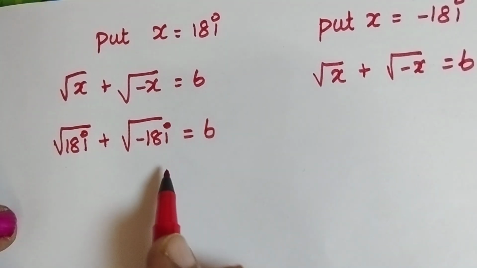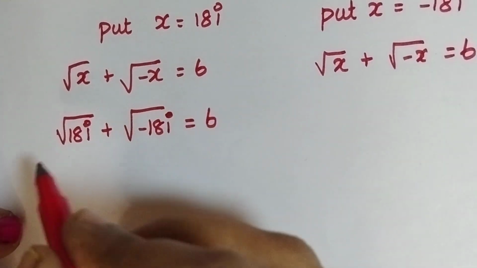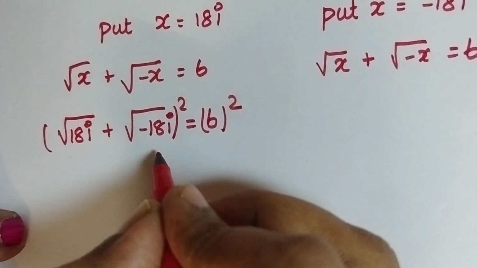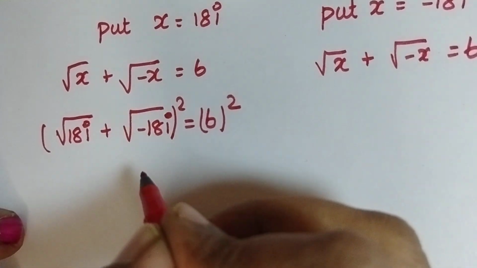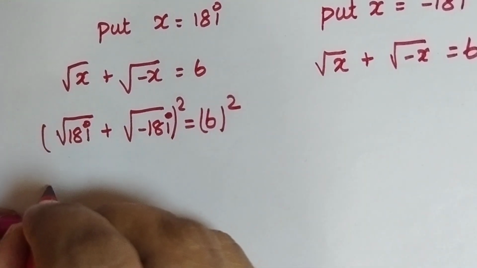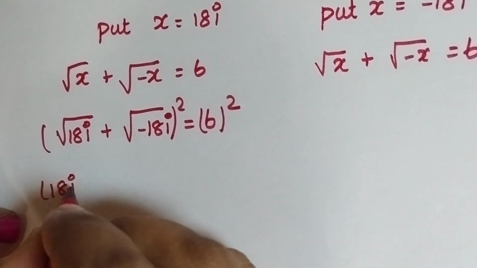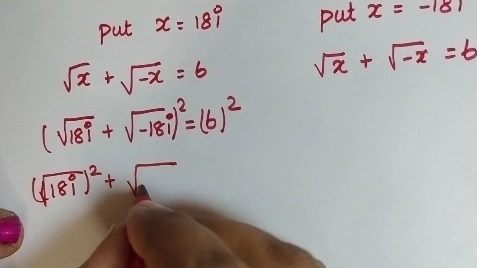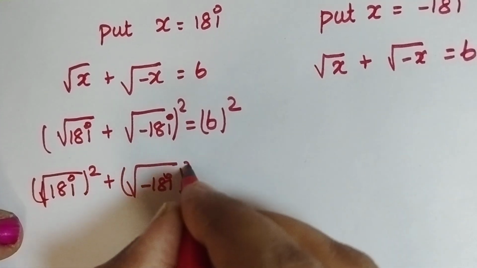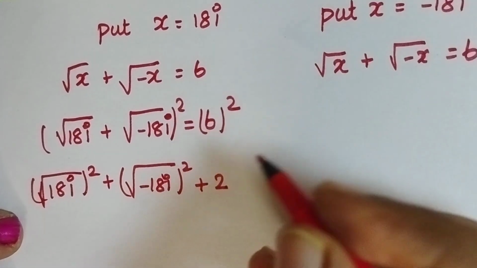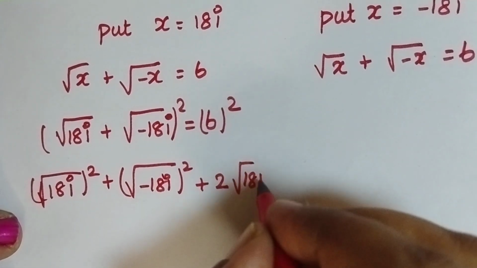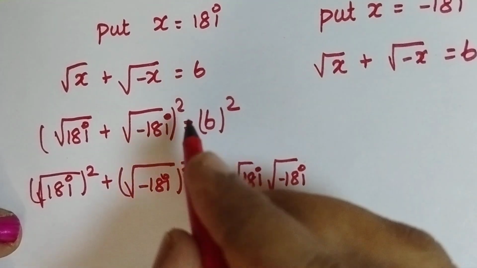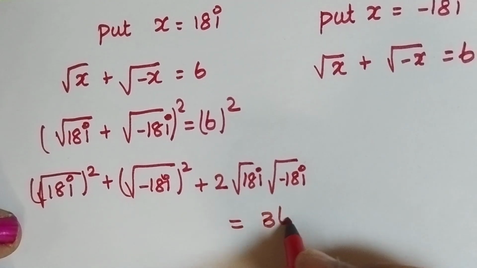So in order to remove the root, I am going to take square on both sides. This is in the formula of a plus b the whole square as we derived in the question. So therefore this becomes root 18i the whole square plus similarly minus 18i the whole square plus 2 into root 18i into minus 18i which is equal to 6 square is equal to 36.